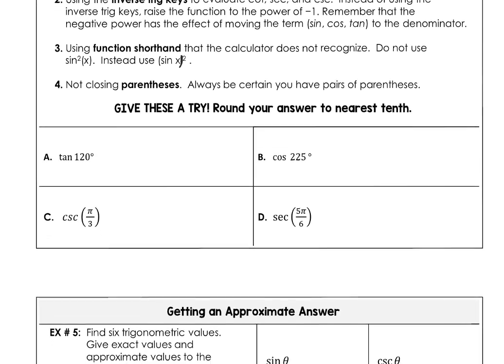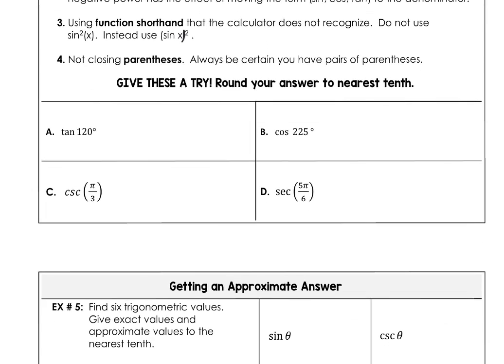So if you'll grab your calculator to find the tangent of 120, I get -1.7. To find cosine of 225, I get -0.7. And here's cosecant. So if you have the TI Inspire, your calculator has a cosecant button.